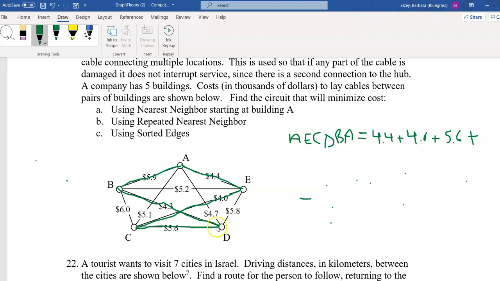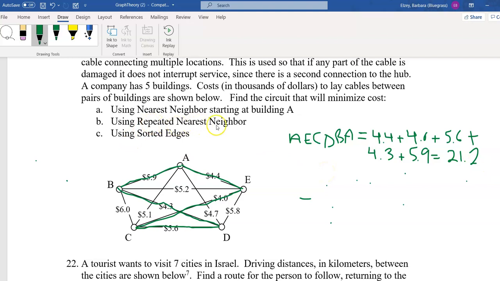And from 5.6 we go to 4.3. And then finally 5.9. And add that up. This is 21.2. All right, now that was the nearest neighbor with A as our starting vertex.